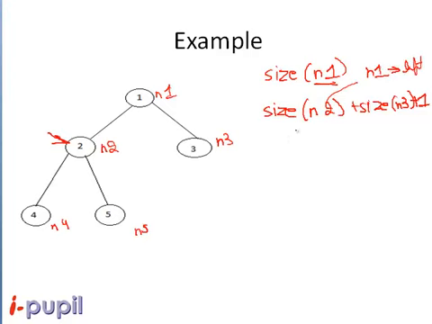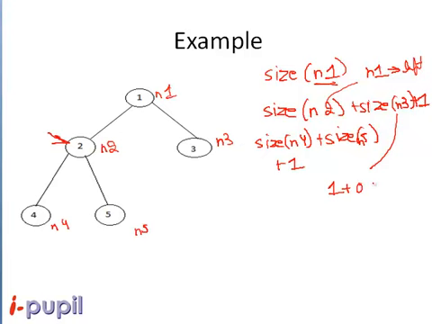Right, so let's break up n2 further. So this would be size of n4 plus size of n5 plus 1, and this would be 1 plus size of the left subtree and size of the right subtree, which would negate to be 0 because the left and the right pointers would be 0.